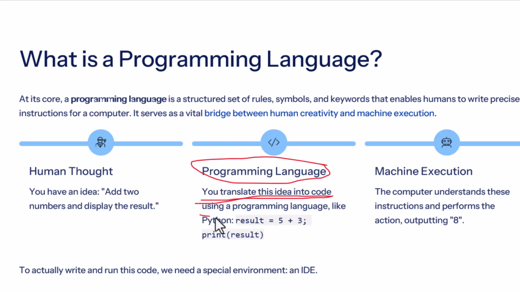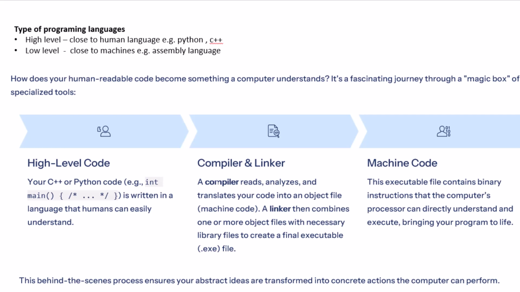We use a programming language, for example Python, and then print the results, so execute. As we said, the types of programming languages: high level is close to human language, for example Python and C++, and low level is close to machines, for example assembly.